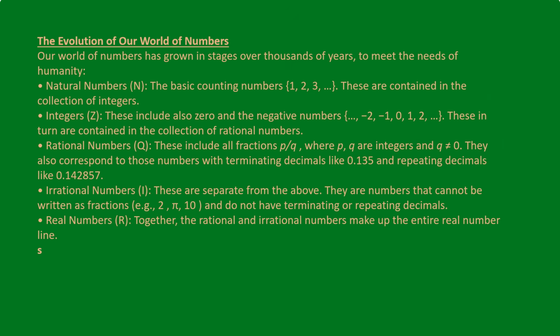There could be other numbers like pi or the square root of 2, for example, which cannot be represented in the format p by q. And why we cannot represent them, we can also see in this chapter.